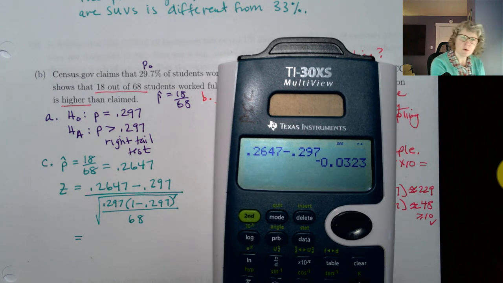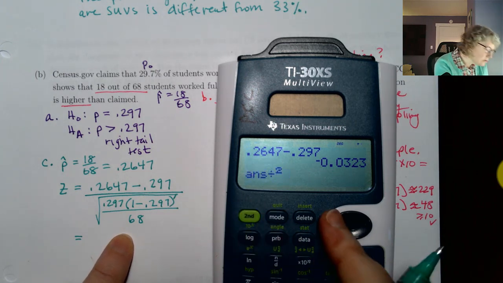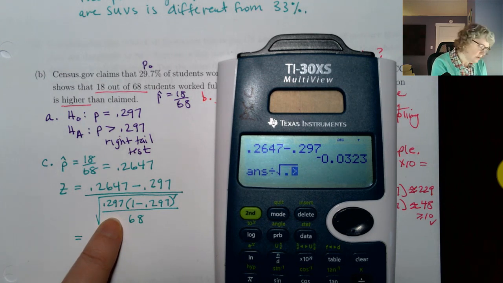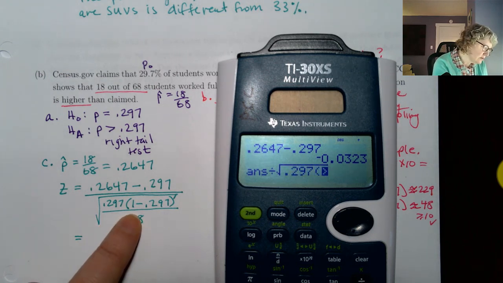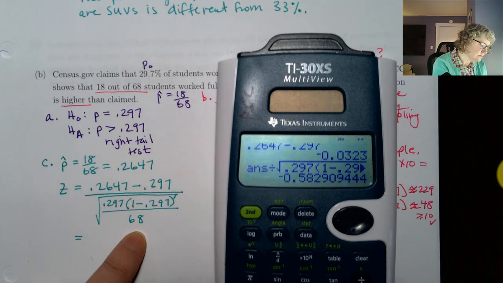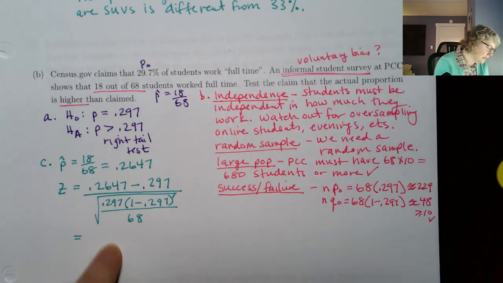I'm going to hit enter, or you could use parentheses around the top, divided by the square root of 0.297 times parentheses 1 minus 0.297, divided by 68. Okay, so I'm getting negative 0.5829.